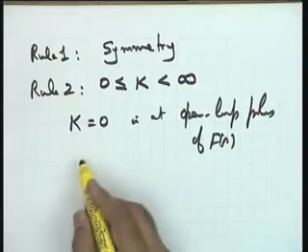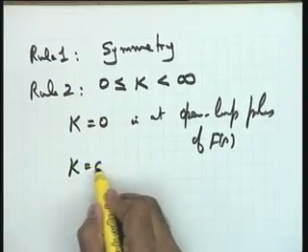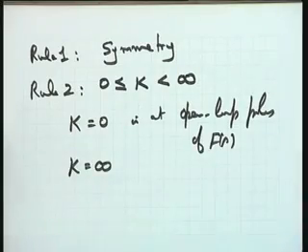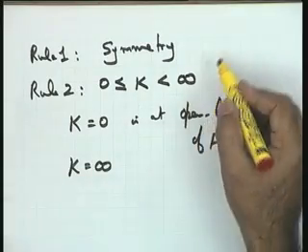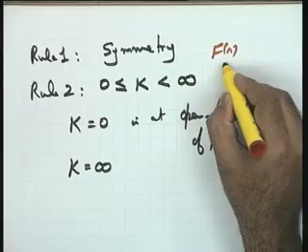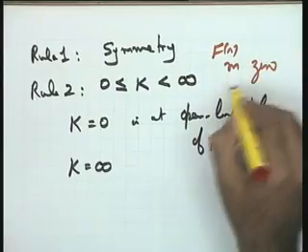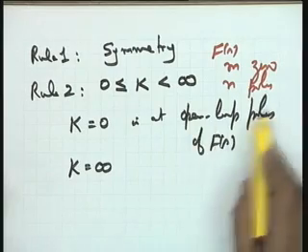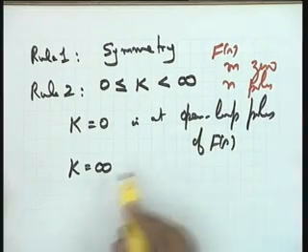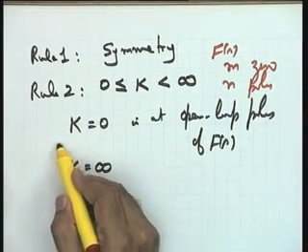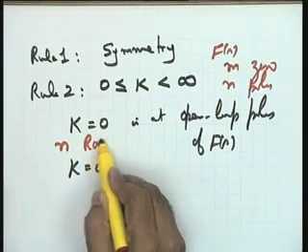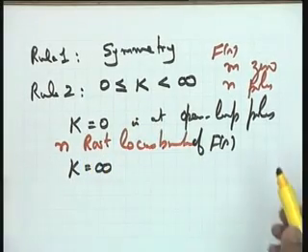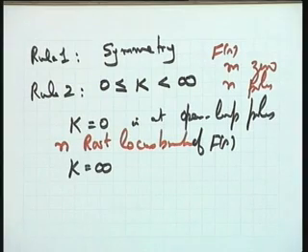And secondly, k equal to infinity. Please recall we have taken m zeros and n poles for F(s). So k is equal to 0 at the open loop poles, and there will be n root locus branches, because every root locus branch will start at an open loop pole at k equal to 0.